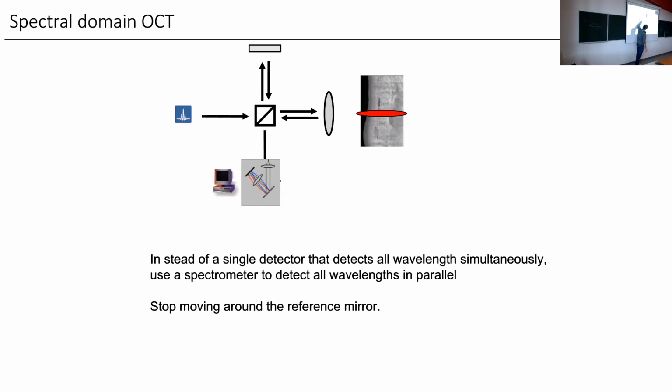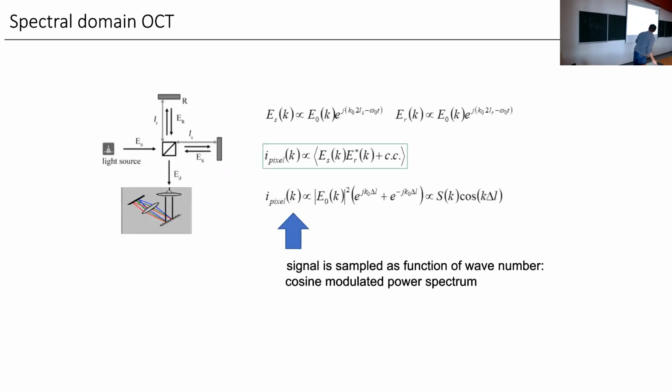Instead of measuring all these wavelengths simultaneously and varying the position of the mirror, we split this broadband light into all its constituents, and in the spectrometer, each of these wavelength bands gets its own detector. That has the benefit that you can stop moving the reference mirror, and things get much faster.